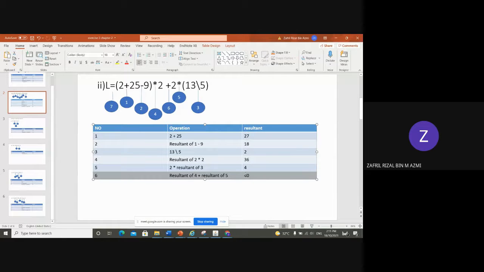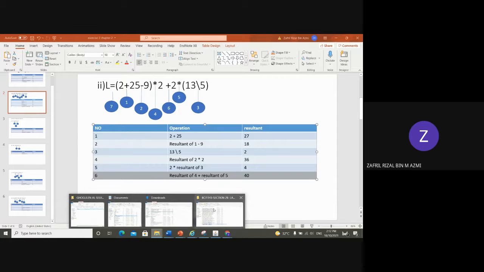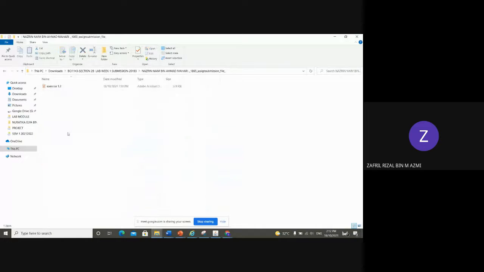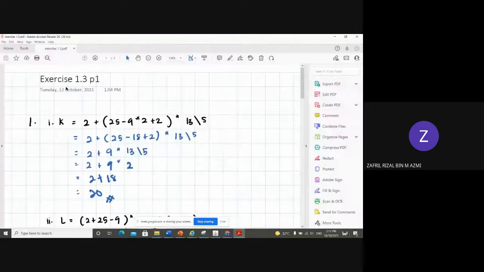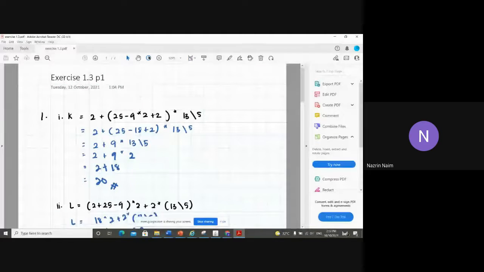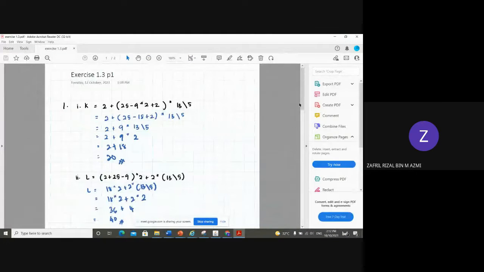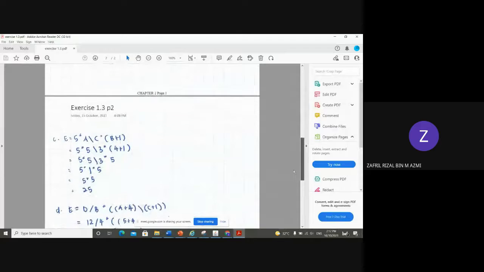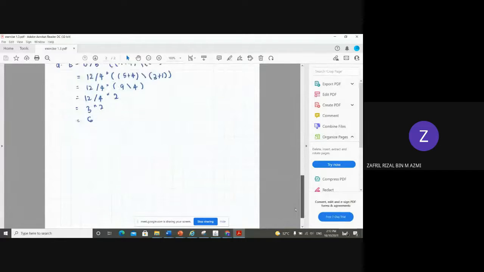Alright, okay, very easy. Anybody got a different format for the answer? Nazrin, Nazrin Naim. Yes sir, he wrote it. Okay, so this is not the process of what should be done.